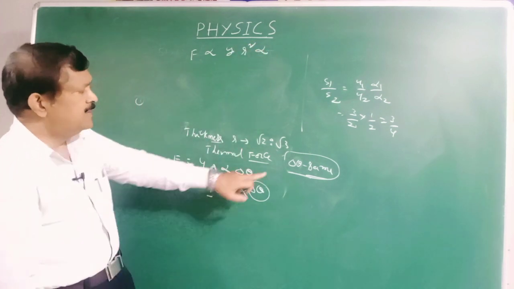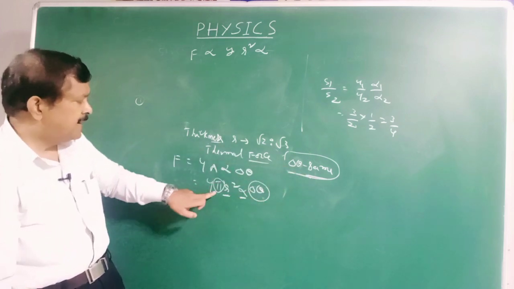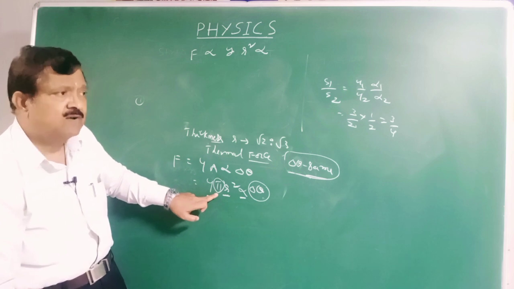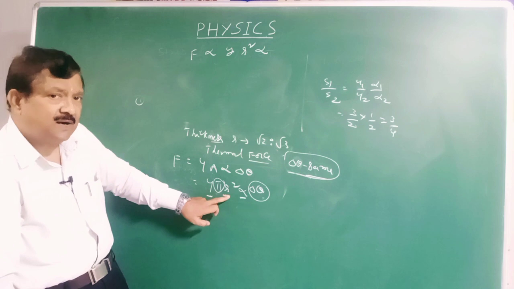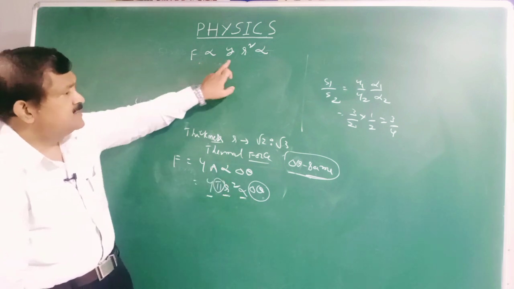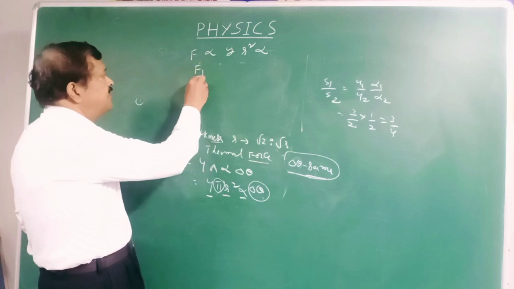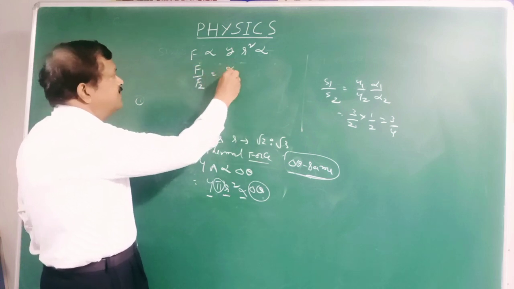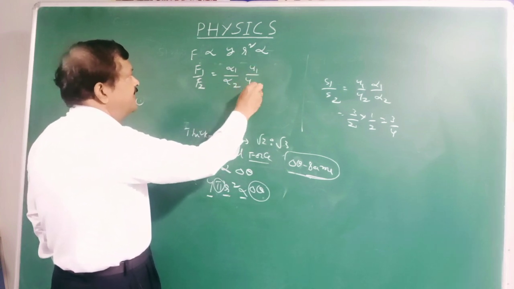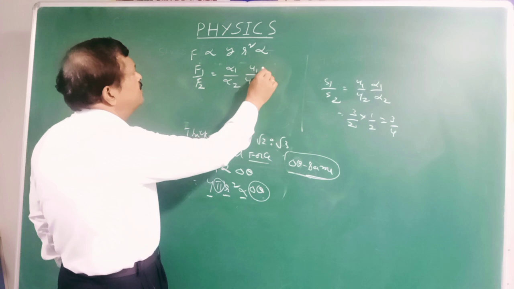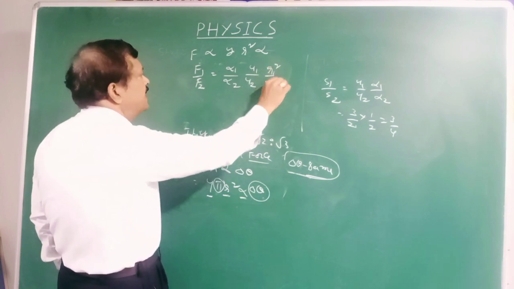Because in our problem, delta theta, change in temperature, is the same, and pi is already a constant. So variables are only Young's modulus, radius of the rod, and alpha. Now if you take the ratio, F1 by F2 will be equal to alpha 1 by alpha 2 multiplied by Y1 by Y2, into r1 square by r2 square.